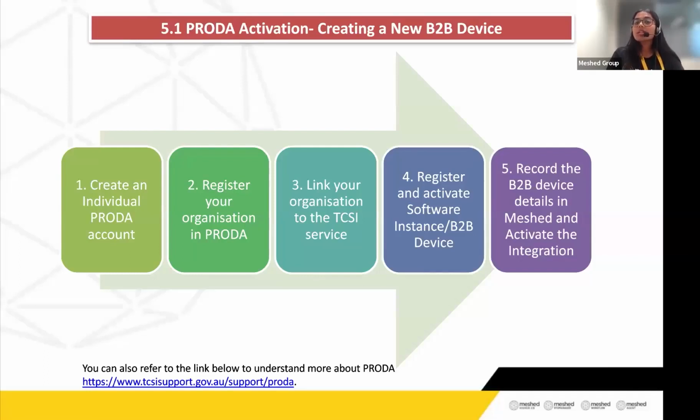One thing to note here is that we cannot do this setup on your behalf. You will have to create the PRODA account and the B2B device on your end itself, because it is done in the myGov account or the PRODA account for your organization, which we do not have access to. We can only help you to put those details in the mesh system once you have those details.